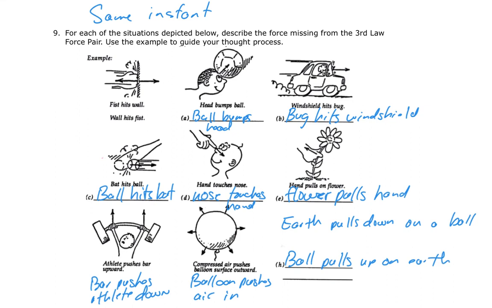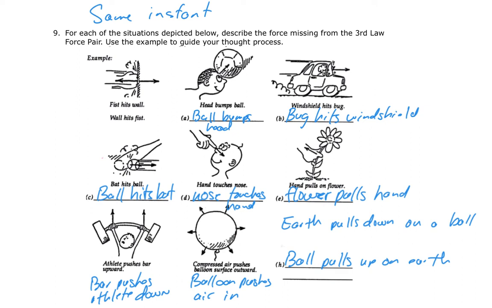Well, we've dropped lots of balls in this class, and we noticed something: when we drop the ball, it accelerates down. Does the earth accelerate up? I would say definitively no. Well, why doesn't the earth accelerate up? Why do we only see the ball accelerating down and not the earth accelerating up?